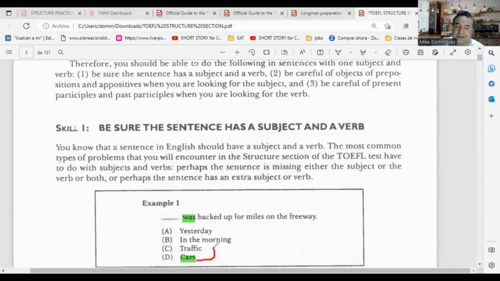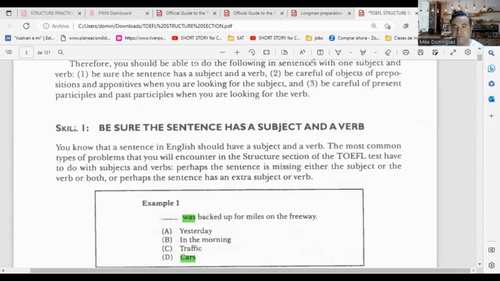I agree with you somehow, but I disagree with you at the same time. Both of these are subjects. Yesterday is a noun. In the morning is a preposition of time.